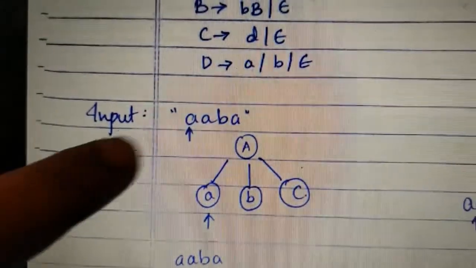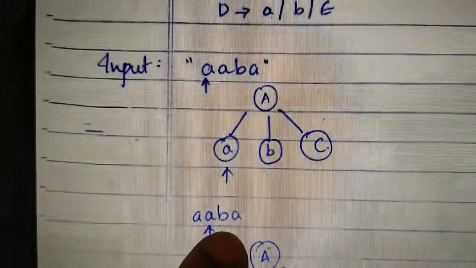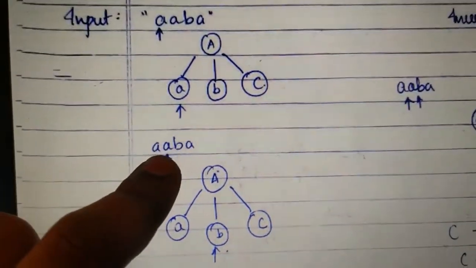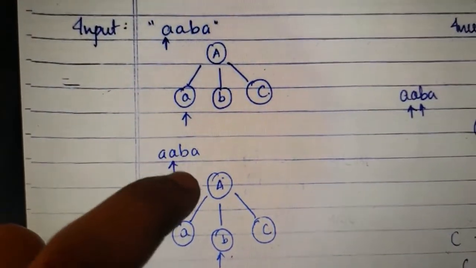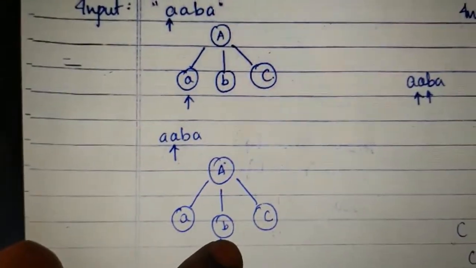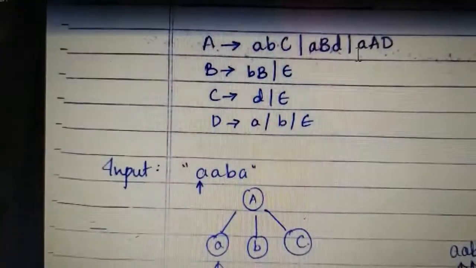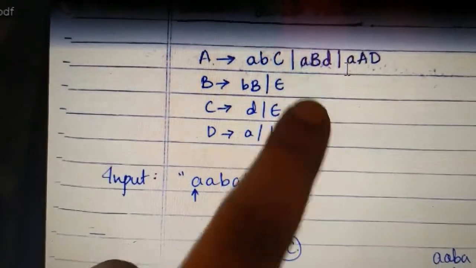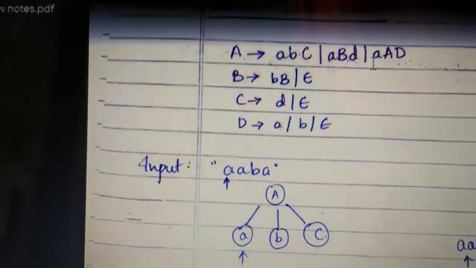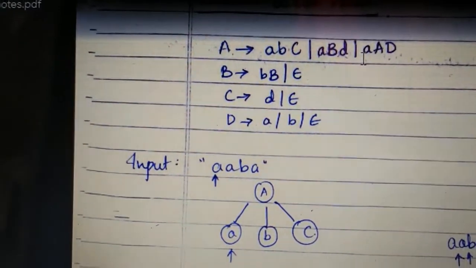So this value and this value are matched, so we will move the pointer to the next terminal value, this a, and we will check if this value and the value in the parse tree match. It is not matching, so we do the backtracking. We will go back to A and take the next production. Since this ABC is not matching with the input, this production is not helping to get the input value.